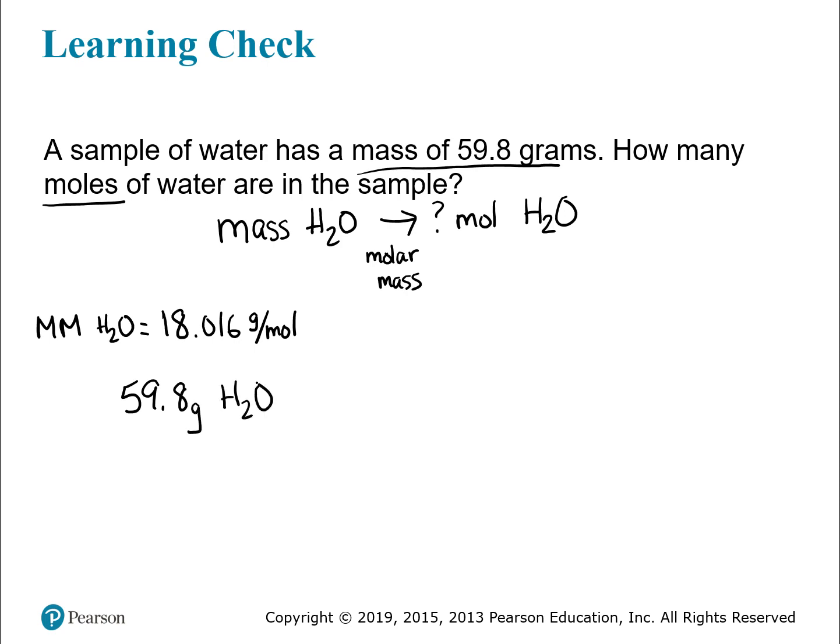Starting with our sample, which is 59.8 grams, we need to write a conversion factor, and it's exactly like the problem we did before. We're going from grams to moles, so the grams in our molar mass go in the bottom of the conversion factor, leaving the 1 mole of water for the top.